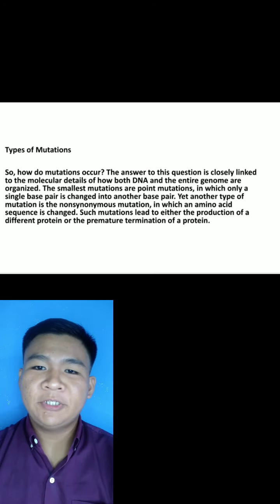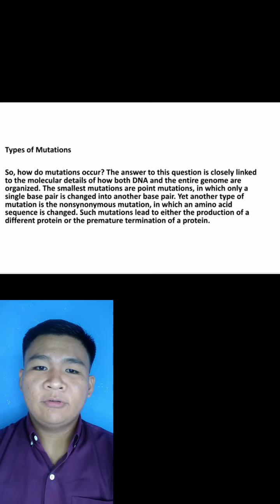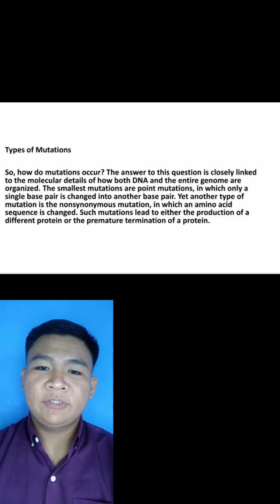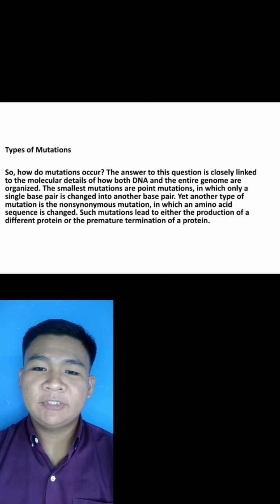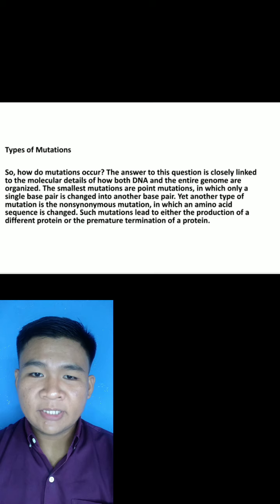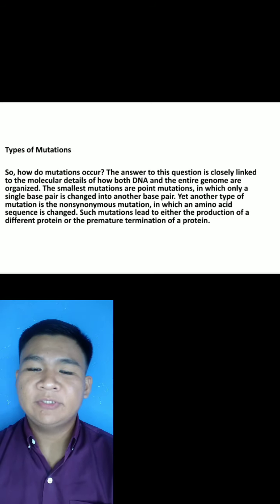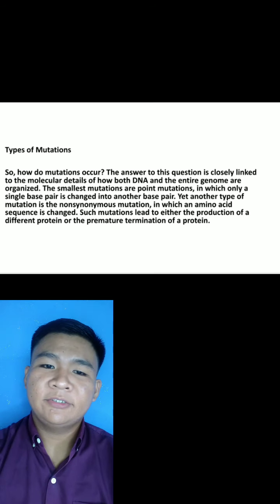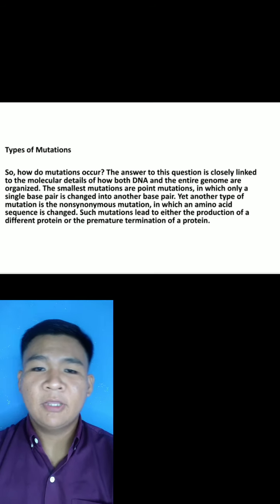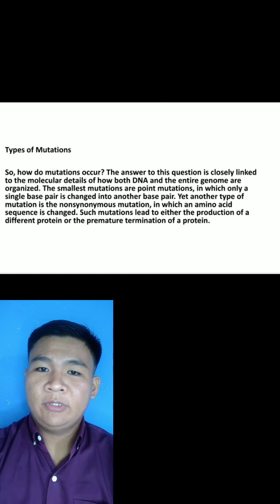The smallest mutations are point mutations, in which only a single base pair is changed into another base pair. Yet another type of mutation is the non-synonymous mutation, in which an amino acid sequence is changed. Such mutations lead to either the production of a different protein or the premature termination of a protein.